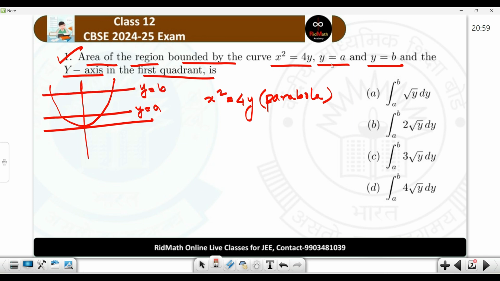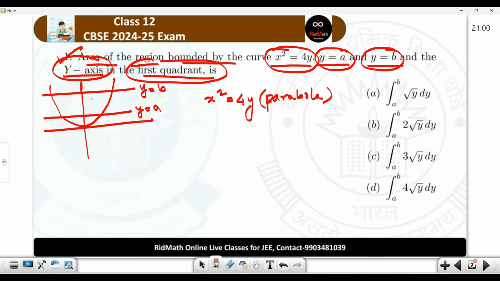Now this is the curve x square equal to 4y, y equal to a and y equal to b, and the y axis in the first quadrant. So it is the first quadrant that we have to take. So this area we have to find. So this is the curve x square equal to 4y.